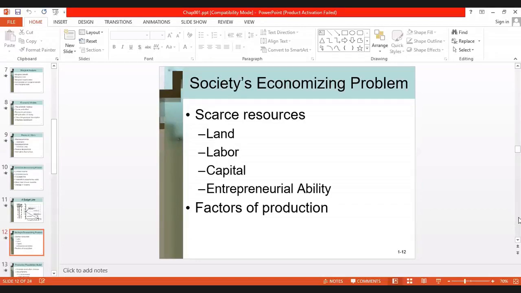Land means all the natural resources, the gift of God.